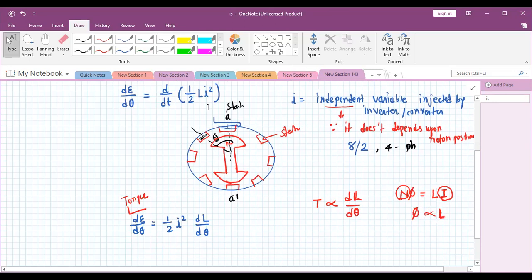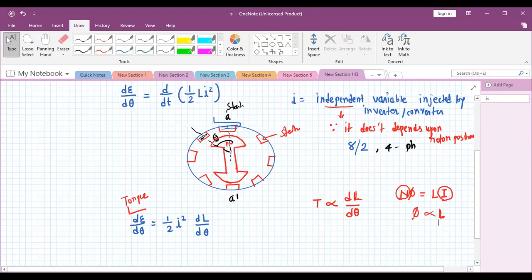The switched reluctance motor depends upon the variation of the inductance. The torque is produced due to the variation of the inductance, or we can say the variation of the reluctance, because flux and reluctance are interrelated.